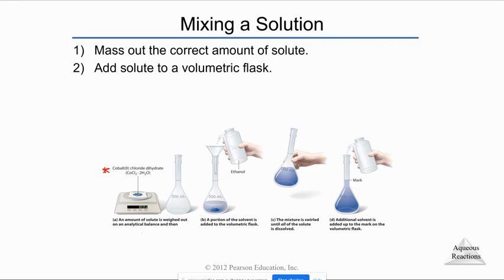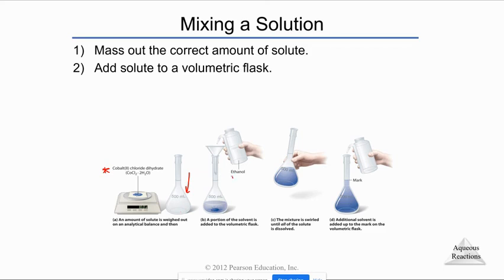You can see this volumetric flask is specifically graduated to 500 milliliters, which means it will appropriately make 500 milliliters of solution. There are all different sizes of these volumetric flasks depending on how much solution you want to make. In this case, they put the cobalt 2 chloride in the volumetric flask.